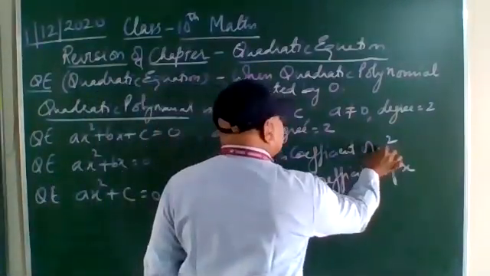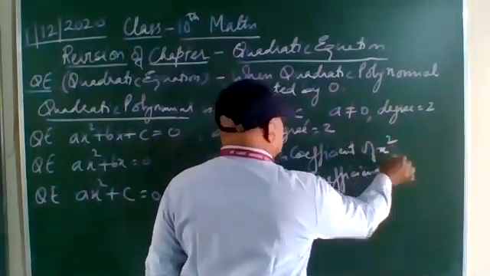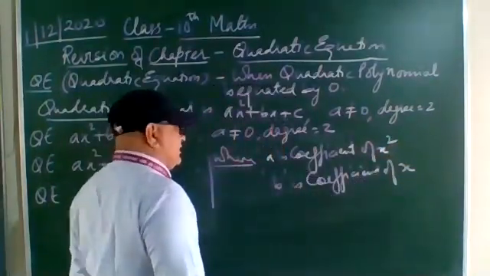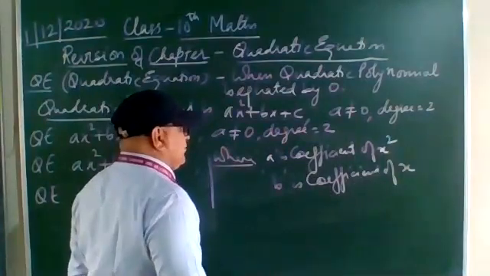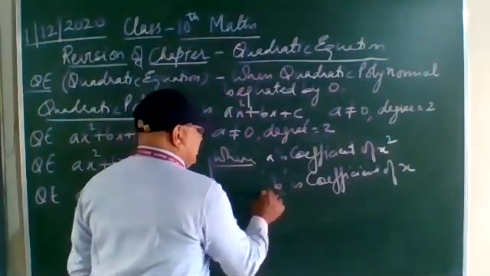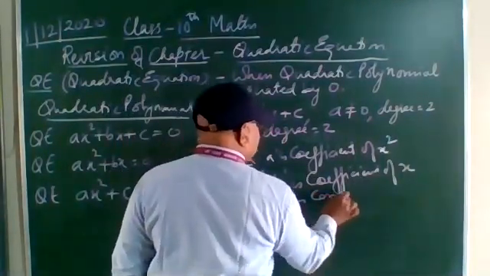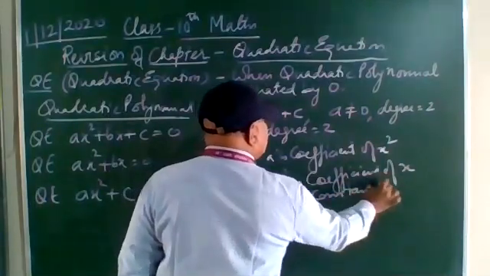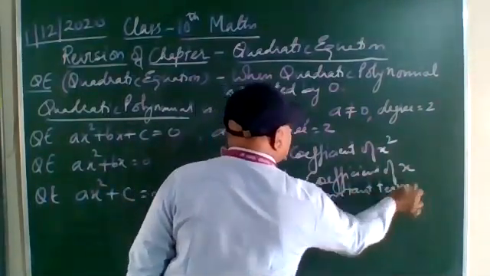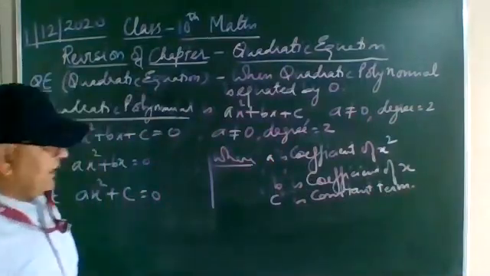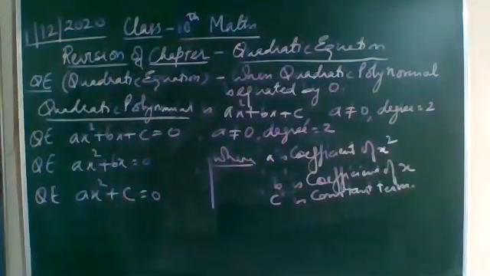Previously I said x, so that is wrong. So a is the coefficient of x square, b is the coefficient of x, c is the constant term.